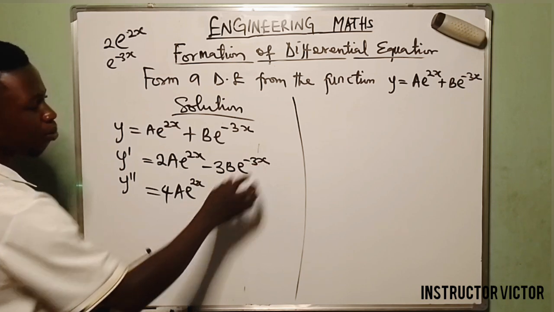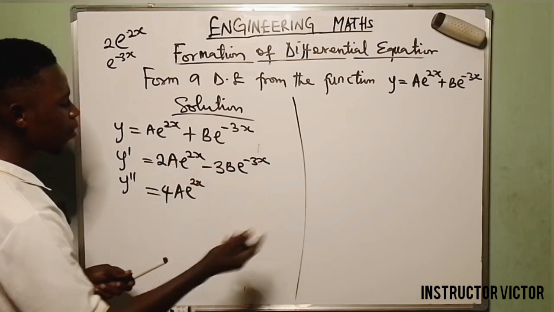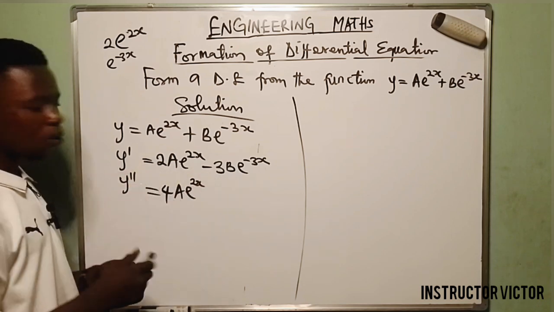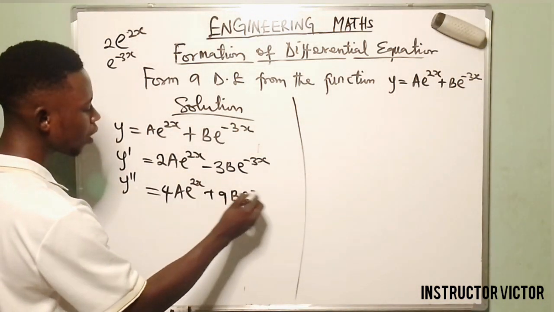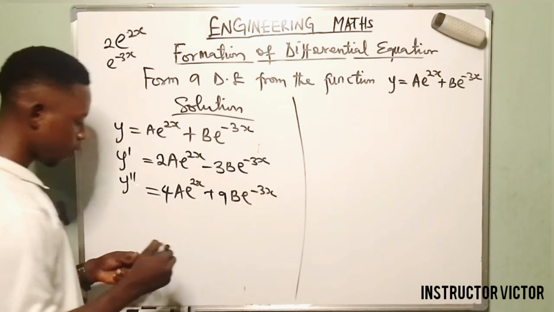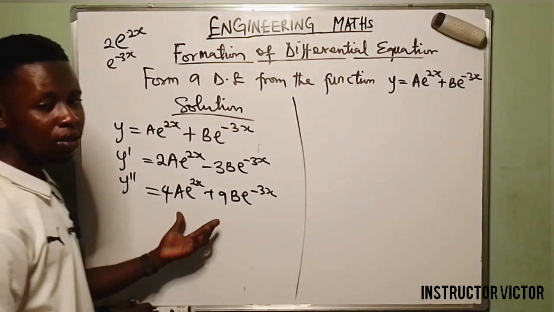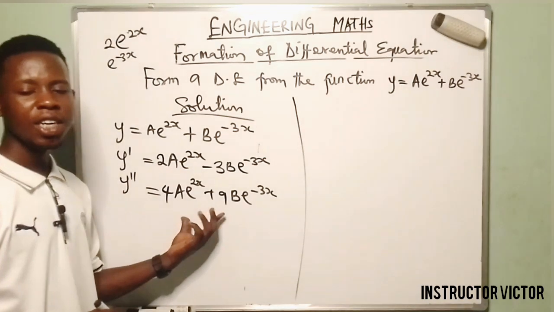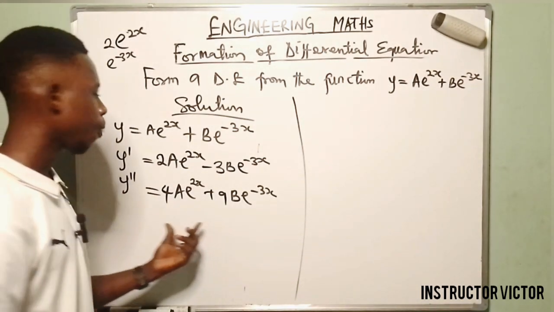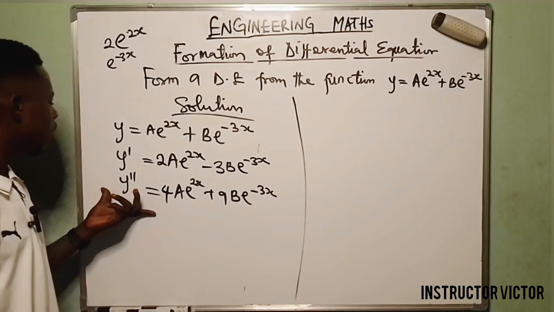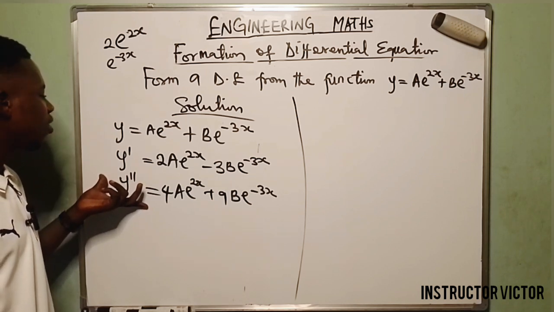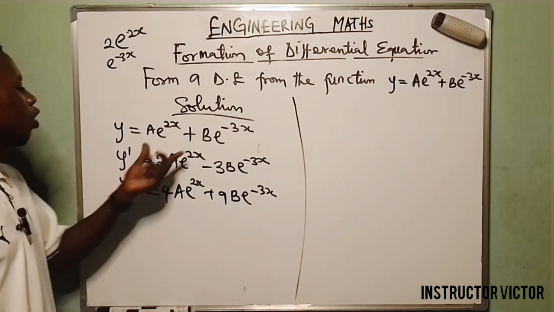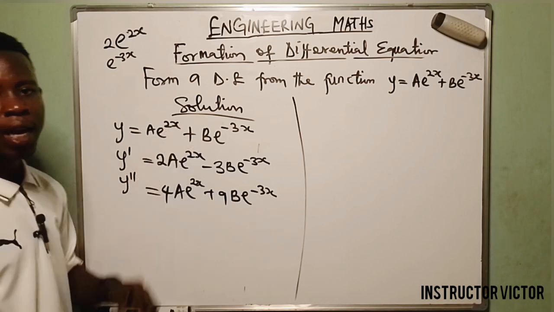When you differentiate it, you are going to have minus 3, and that minus 3 multiplied by minus 3 here turns to plus, which is plus 9b exponential minus 3x. So this is how they usually differentiate an exponential function. Now we have achieved this point, which is differentiated twice due to the number of arbitrary constants that we have.